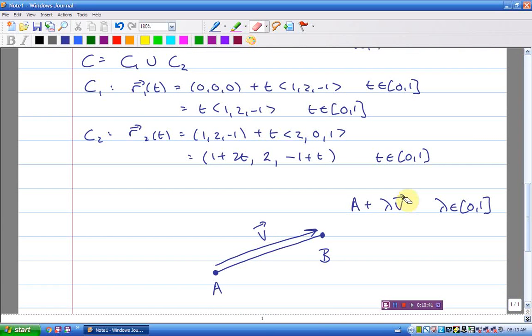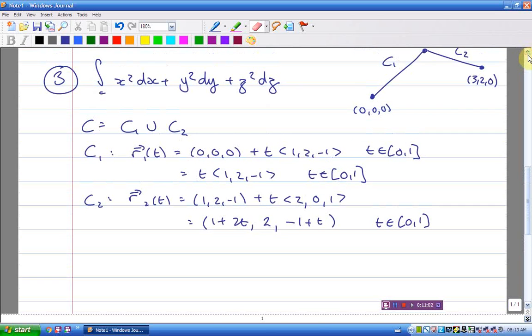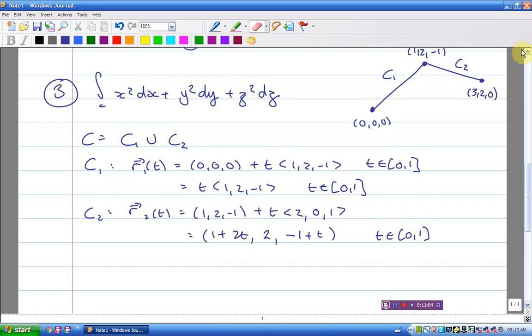I could take it as half the arrow, a quarter of the arrow, or double the arrow, in which case my parameter would not be from 0 to 1. It would be from 0 to 2, or 0 to 4, or 0 to a half. But if I'm using as my direction vector end point minus beginning point, then it's built into that geometry that I want my parameter to extend from 0 to 1.